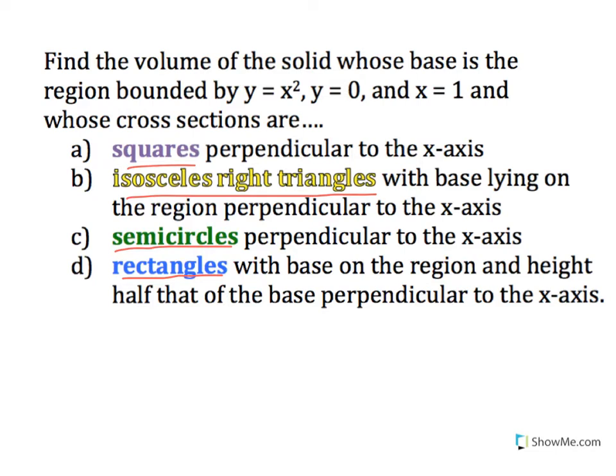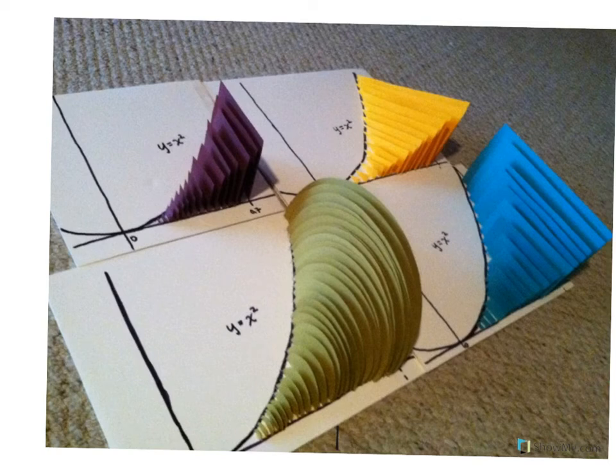So we're going to be looking at the same region, and we're going to look at a variety of shapes here for this segment. This is a good three-dimensional picture of what we're going to be looking at and finding the volume of. Notice in the first part it's y equals x squared from 0 to 1. That's what it would look like with squares sticking out at you, so you get that three-dimensional shape here.